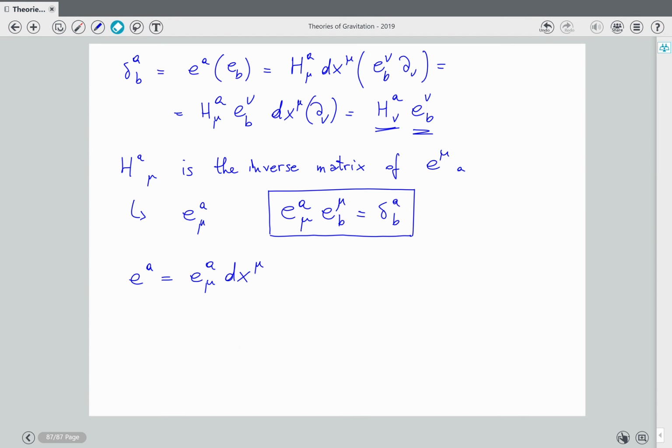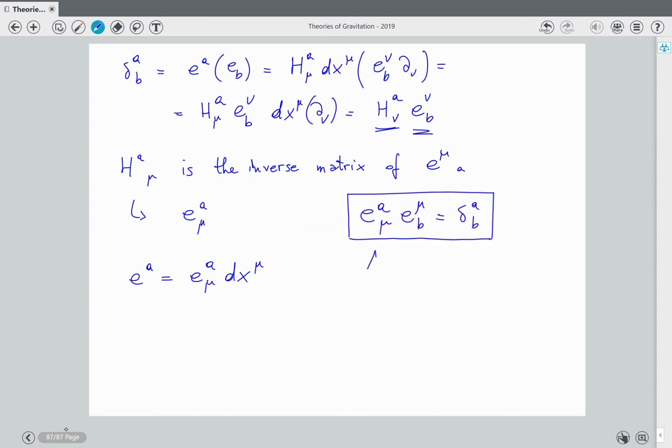Now, you know that the inverse of a matrix is unique, and so if you have A, B equal the identity, you also have B, A equal the identity.